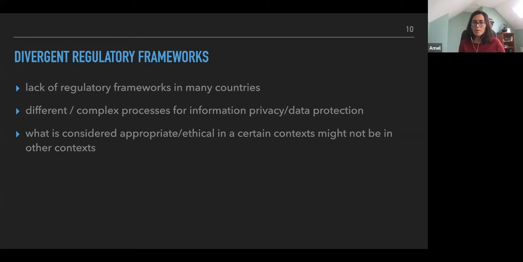And sometimes processes are slightly different and are quite complex and require a lot of bureaucracy in terms of data protection and information privacy. And adapting tools from one context to the other could also come with a challenge, that what is considered appropriate and ethical in a certain context might not be appropriate or ethical in other contexts.